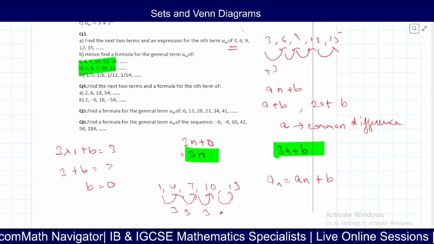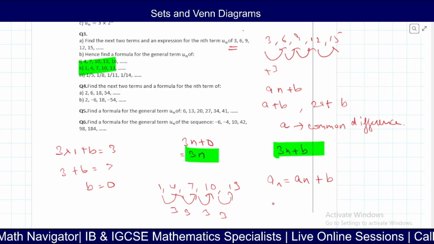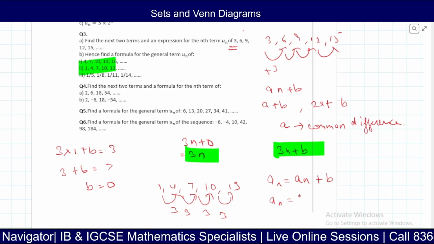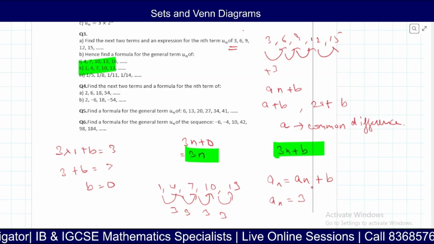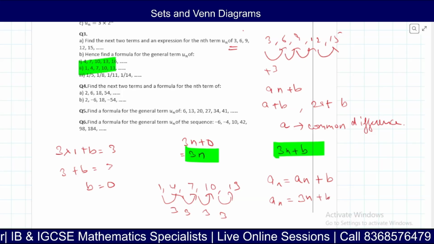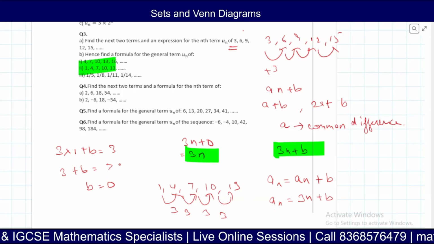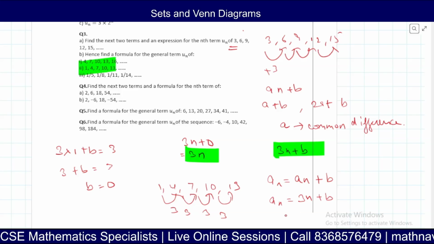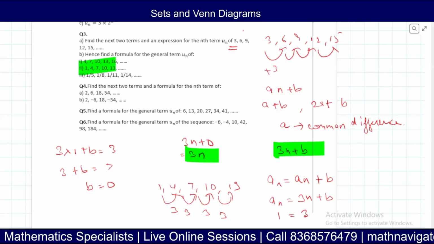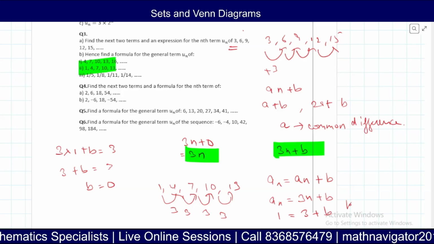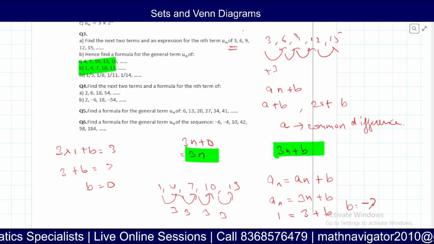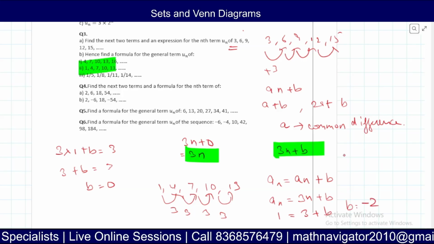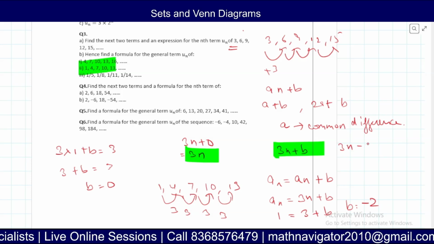Got it? So an is equal to 3n + b. My first term is what? 1. I put 1 is equal to 3 plus b. So b is equal to 1 minus 3, which is negative 2. So my formula becomes 3n minus 2.